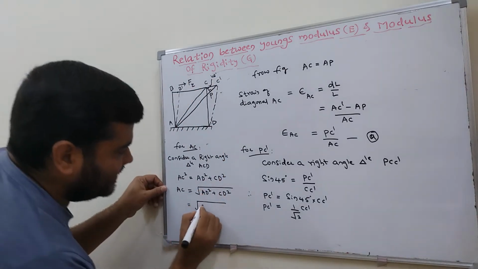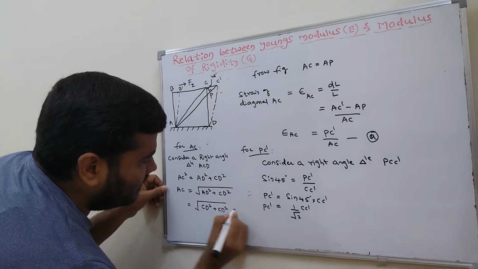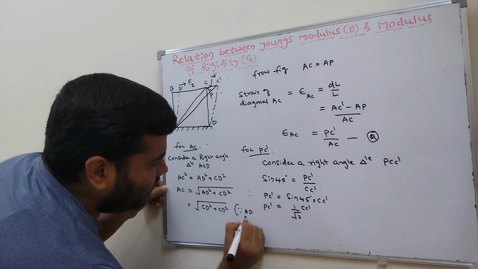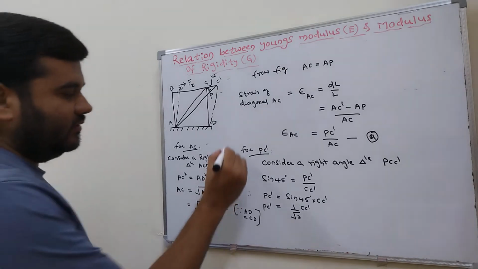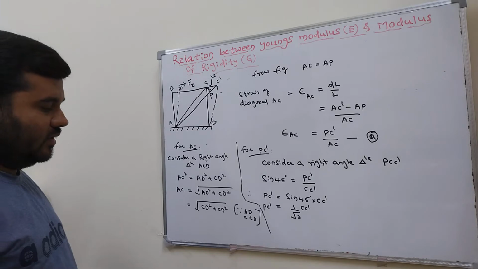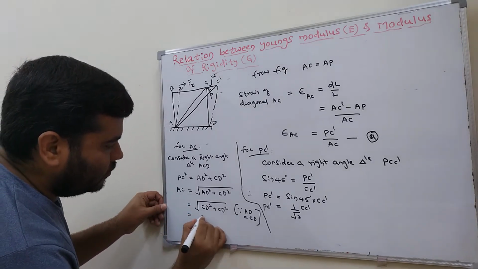This I'll replace with CD square plus CD square, because AD equal to CD. How much am I getting here? This will be equal to 2 CD square.